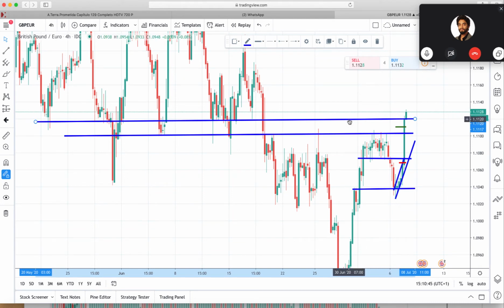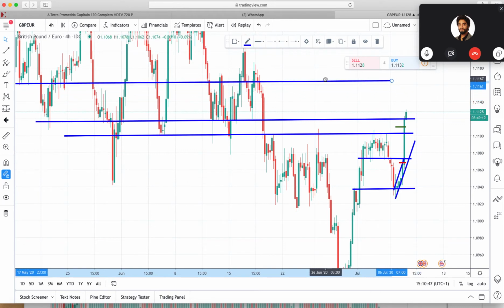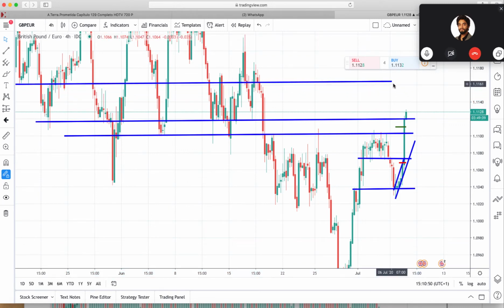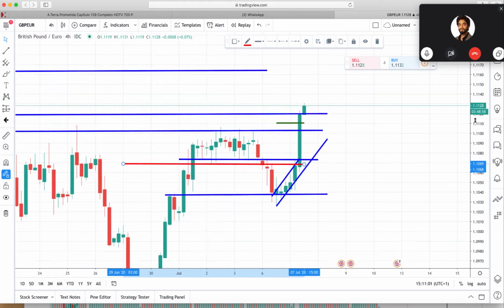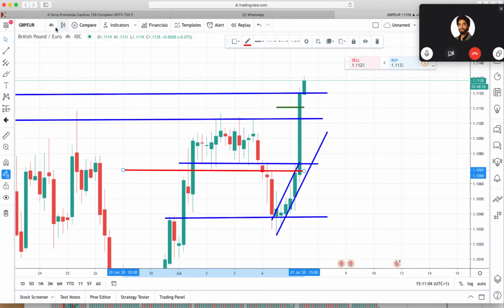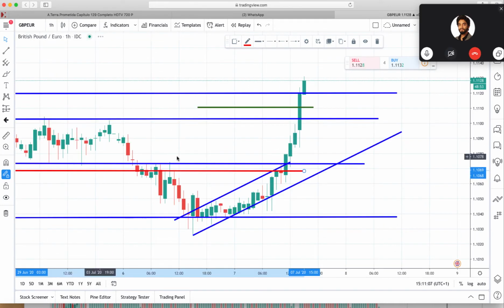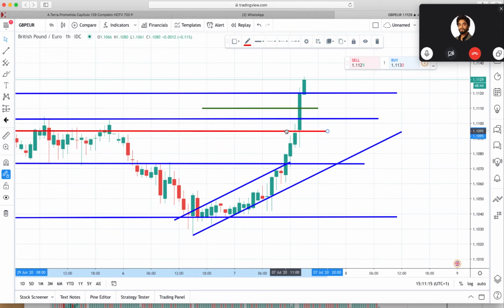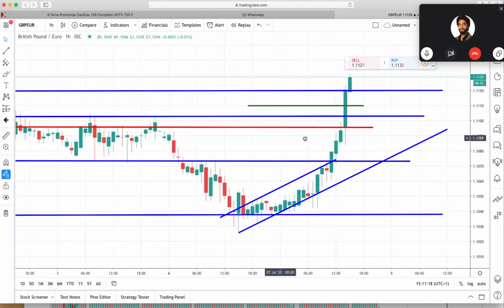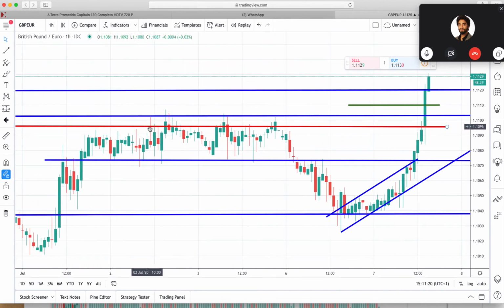You can keep moving your target towards the upside and look for other places where you can place your stop loss. Once you move your target level, of course you have to lock your stop as well, because if the market goes against you, you don't want to lose what you made so far. So now your stop loss is on top, very close to the previous support and resistance level.